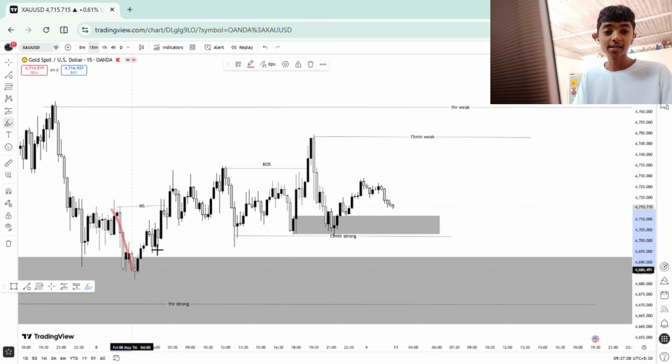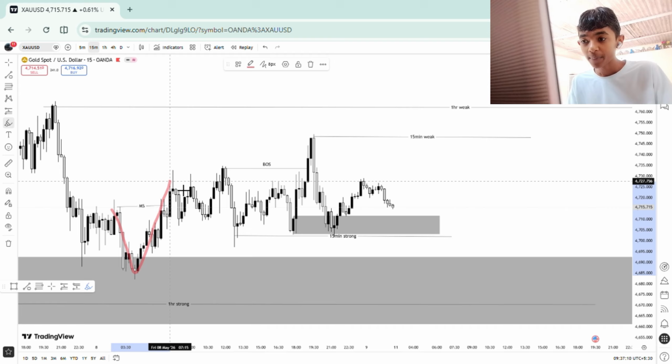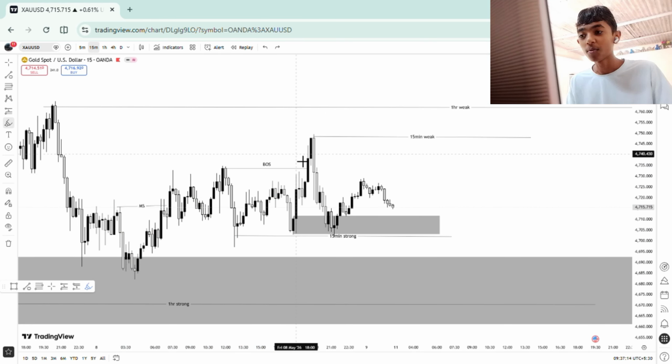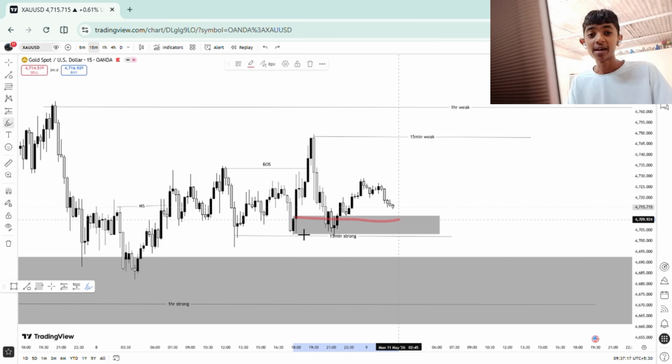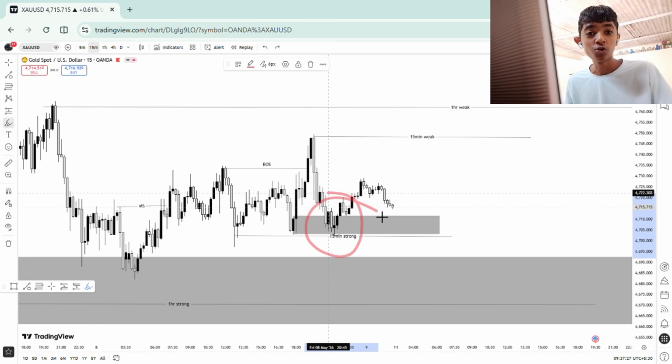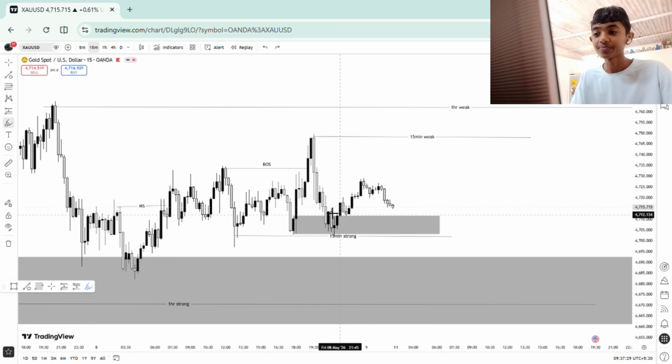It means the 15-minute range is bullish. Then price came to this strong, valid, high probability 15-minute demand zone, which confirms that the trend is bullish, and price gave us a momentum, V-shaped liquidity sweep, which confirms that the buying volume is still alive.